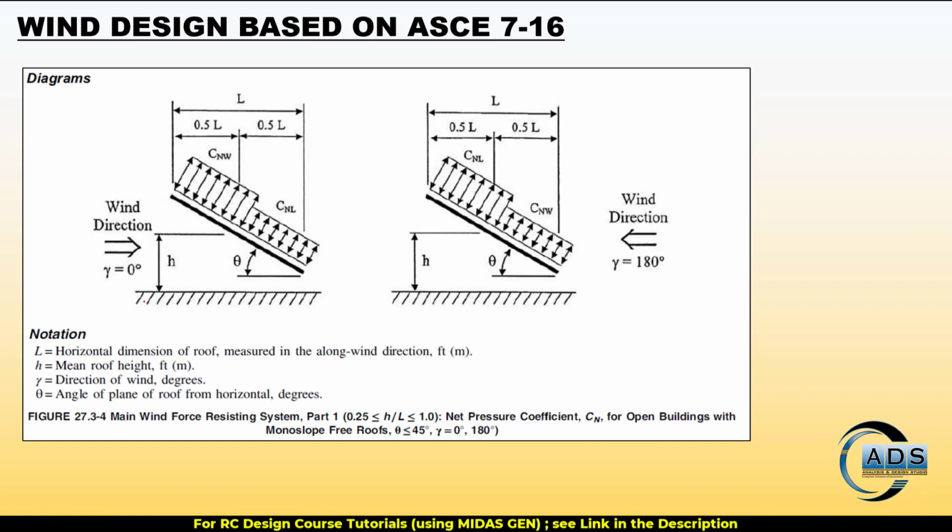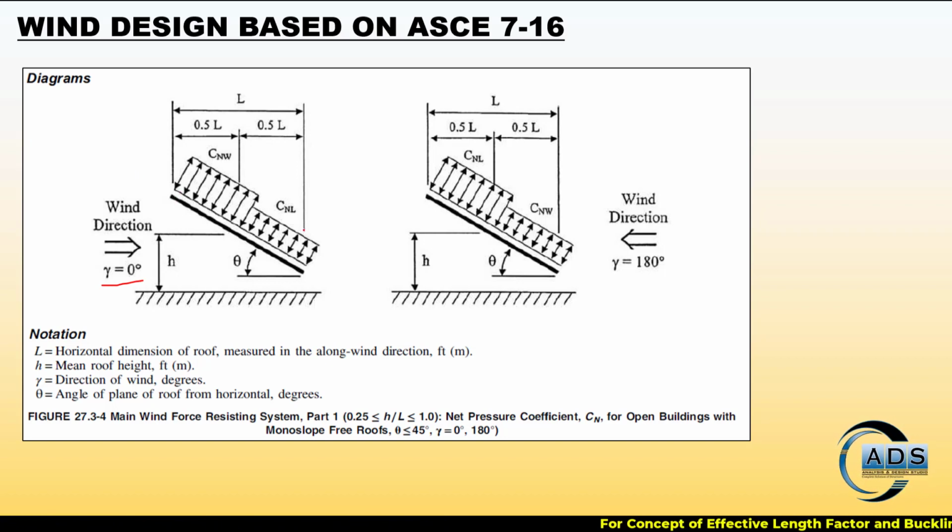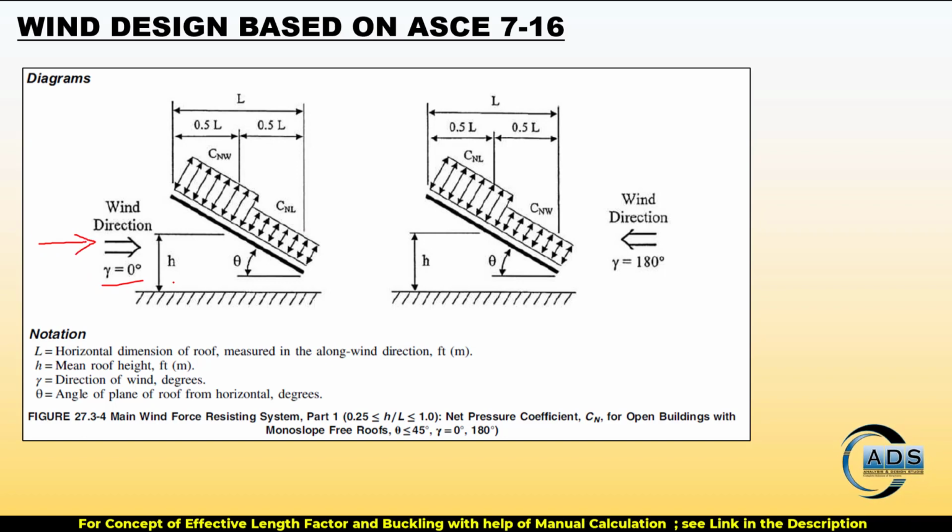The first one is the wind direction gamma equals 0, means that if the slope is this, then the wind is blowing from left to right. So gamma is 0. When gamma is 0, okay, wind direction is 0, then means that left to right.